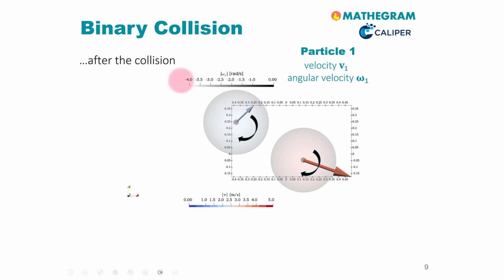We see that it is going to be negative, a negative valued angular velocity in the z direction. And particle 2 has also picked up velocity, and its angular speed will also be negatively oriented. Here, for completeness, is also the nomenclature that we have used for particle 2: velocity v2 and angular velocity omega 2.